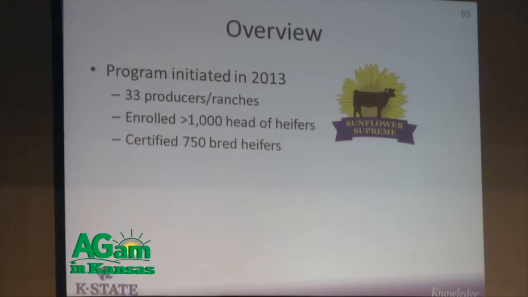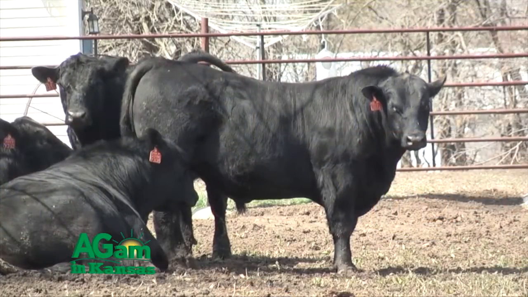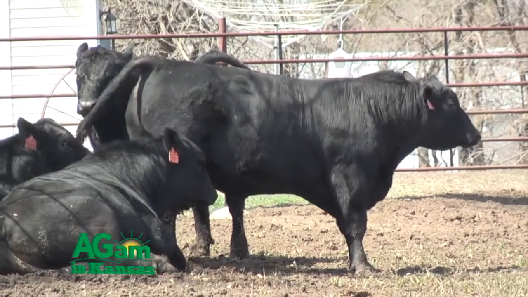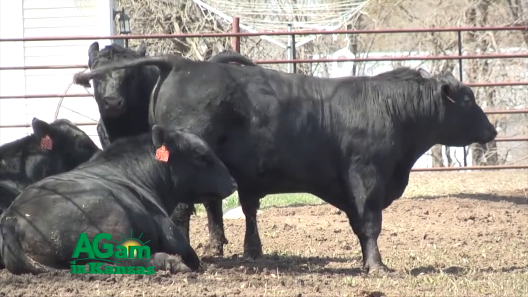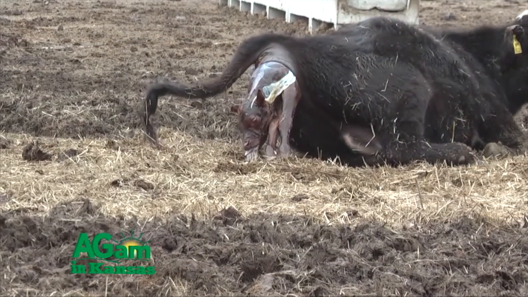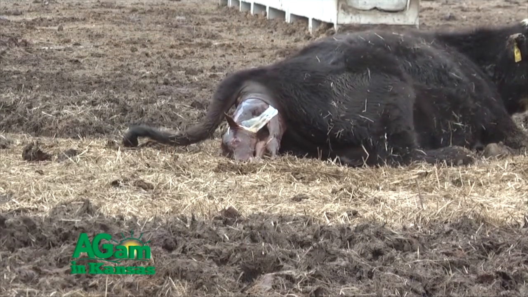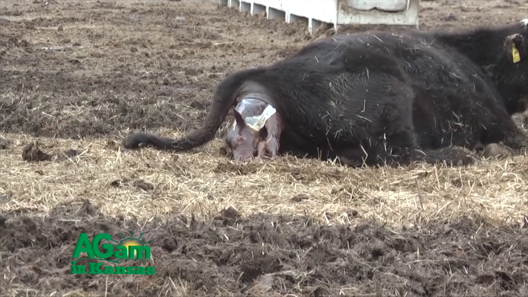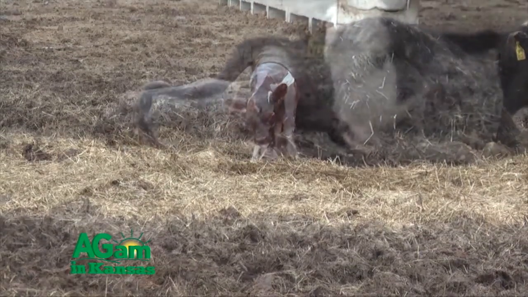Those EPDs get updated annually and will be again released here in late January. Typically those percentile ranks represent bulls that are somewhere in the top third to top quarter of each respective breed for calving ease performance. That helps us assure that the products that we produce and the replacement females that go out into the marketplace have adequate calving ease genetics.